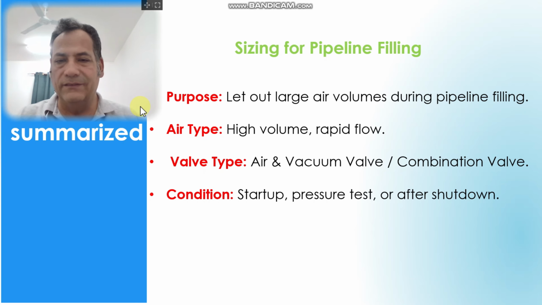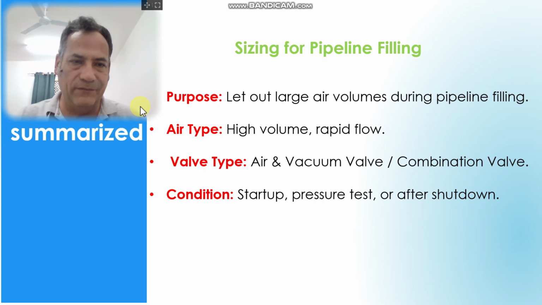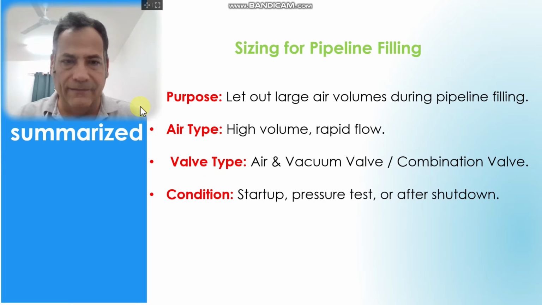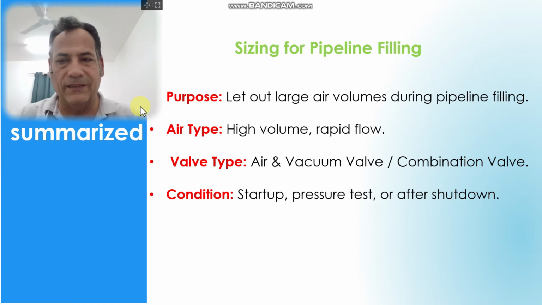For example, a vacuum valve or a combination air valve. Both of them can be used for this purpose, and the air flow will be high volume and rapid, as the pipe is filled rapidly.